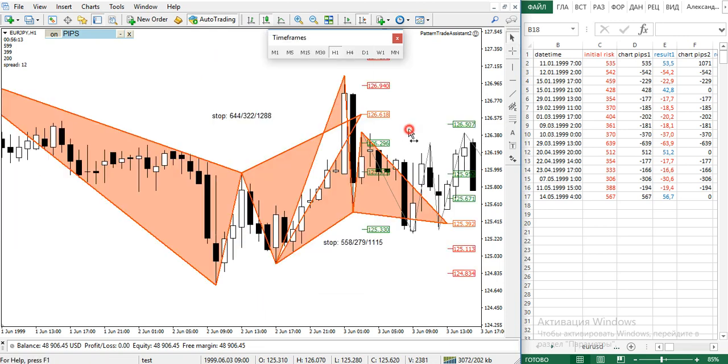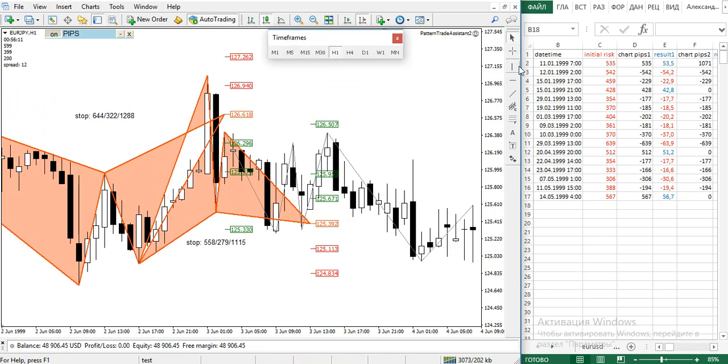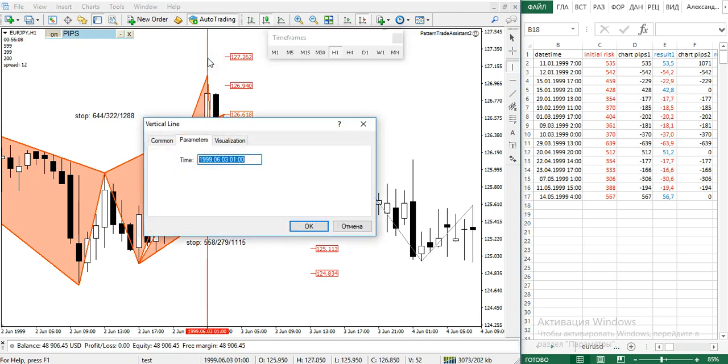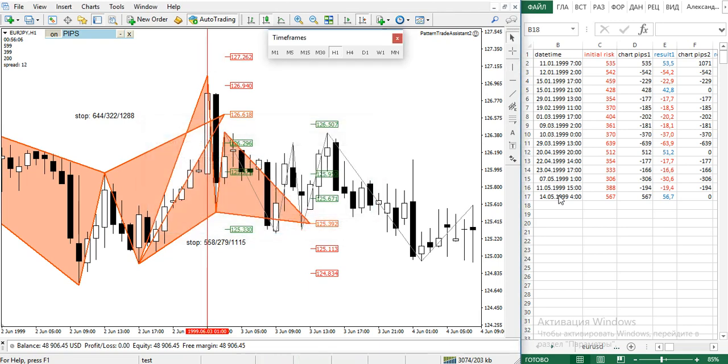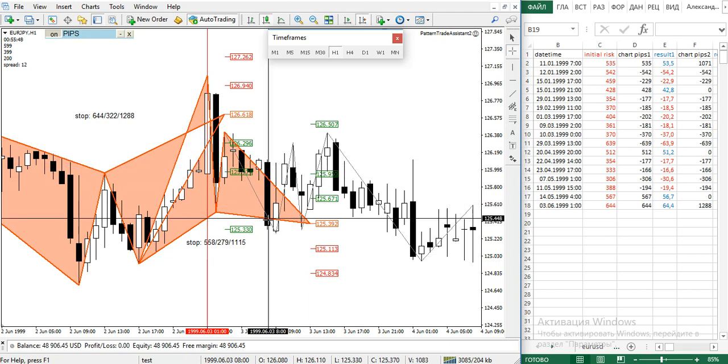So it is a both target winner. And let me type it. So what we have: 644 winner, and then we have 1288 winner, a large winner, 128 pips.